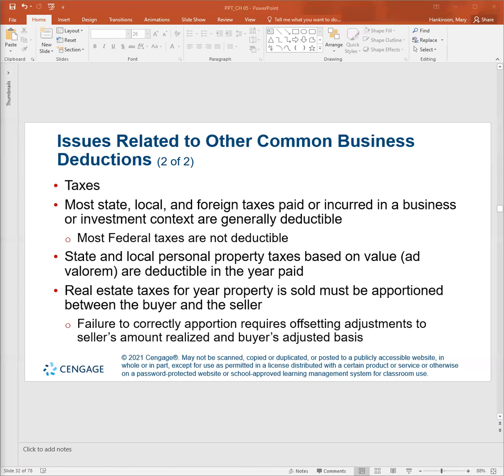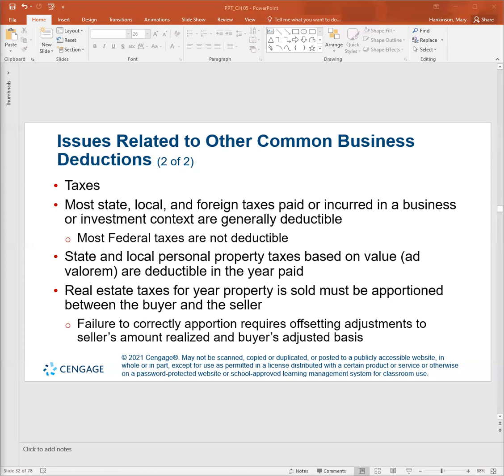Real estate taxes for the year in which the property is transferred must be apportioned between the buyer and the seller of the property. The apportionment is based on the number of days the property was held by each during the tax year. Apportionment is required whether the tax is paid by the buyer or the seller and is prorated according to the purchase agreement.